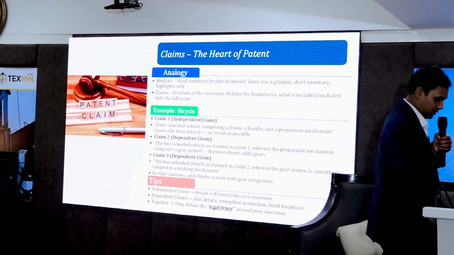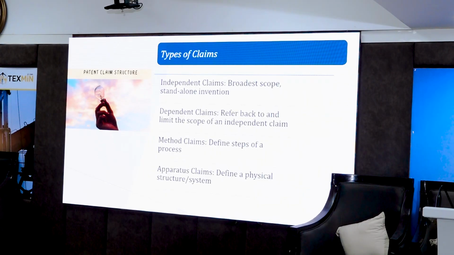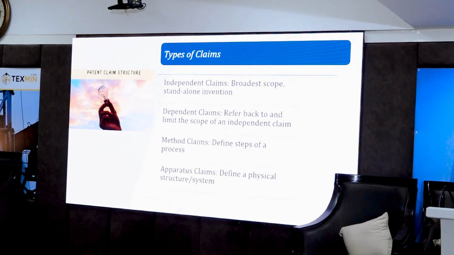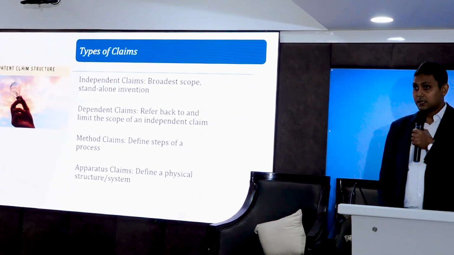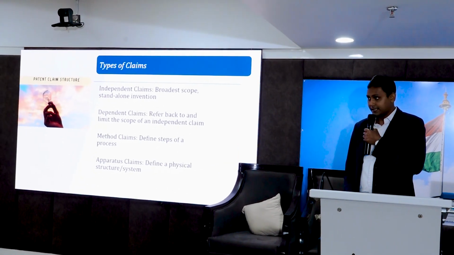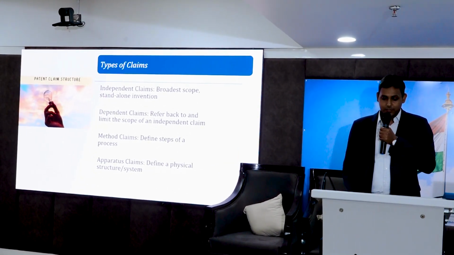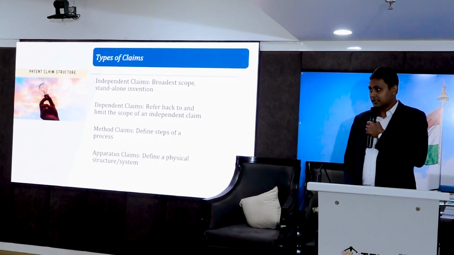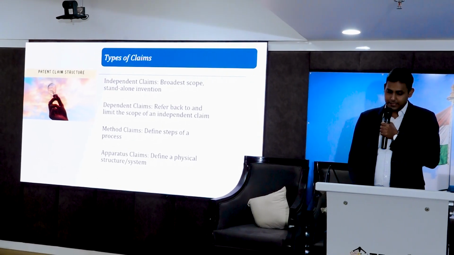Okay, so now moving on. This is the same thing: the independent claim has the broadest scope, and this can be considered a standalone invention because all the primary features of your invention are included in independent claim 1. Now the dependent claims refer back to and limit the scope of the independent claim. Right?